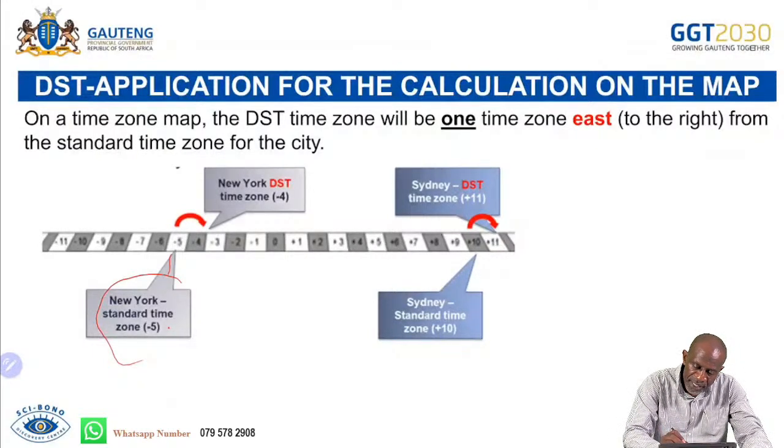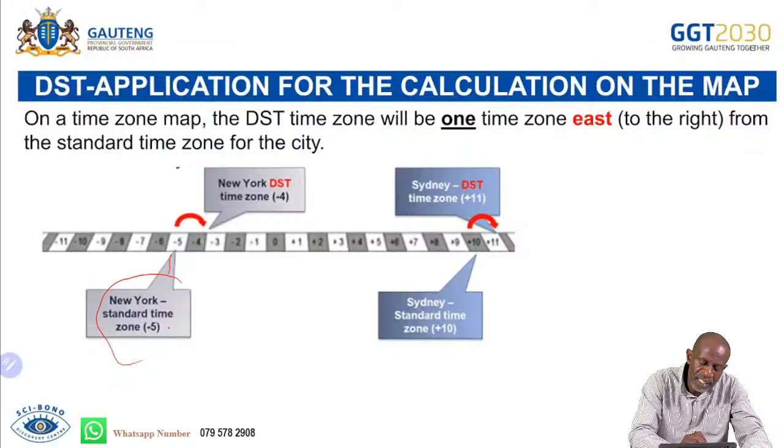And Sydney, Australia, it's at +10. Now, say you are given a scenario where both these countries are practicing daylight saving time. New York is at -5.